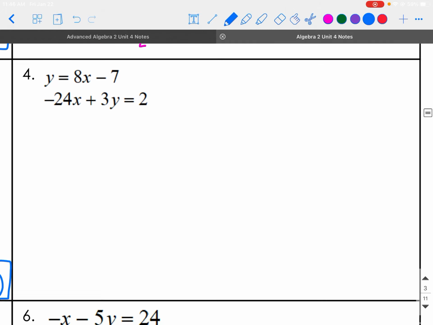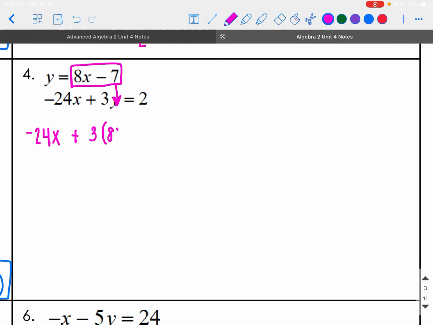All right, now if you feel comfortable, you feel like you probably have the hang of it, try number 4. It's very similar. You do the exact same steps as you did in number 3. So number 4, I'm going to draw my box around 8x minus 7 because that's what y equals. And I'm going to take it and plug it into the other y. Negative 24x plus 3.